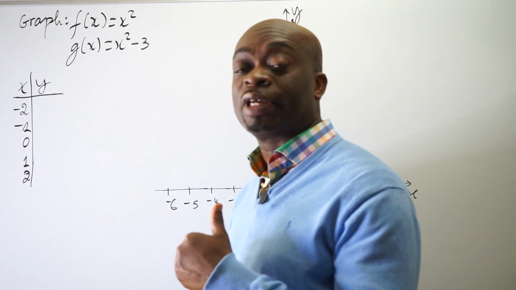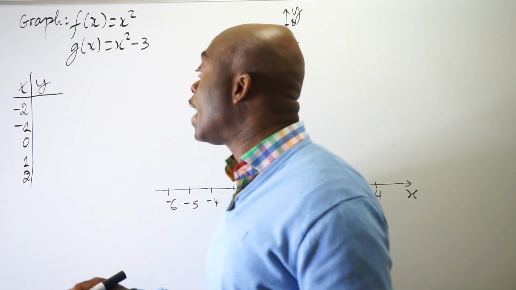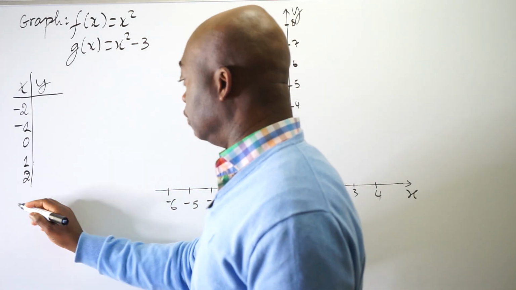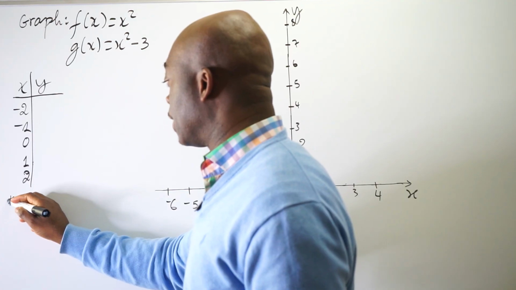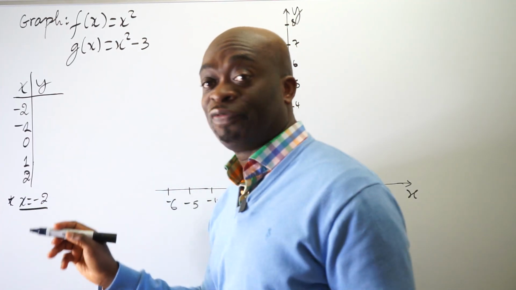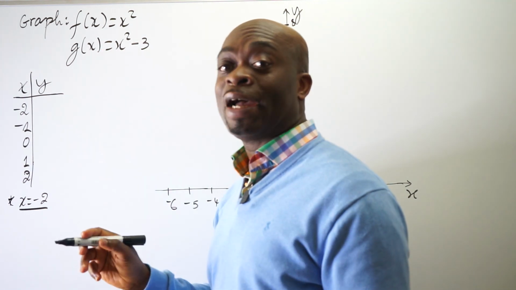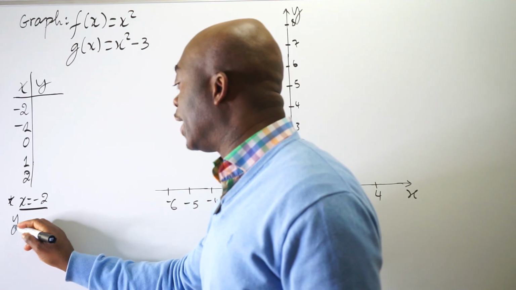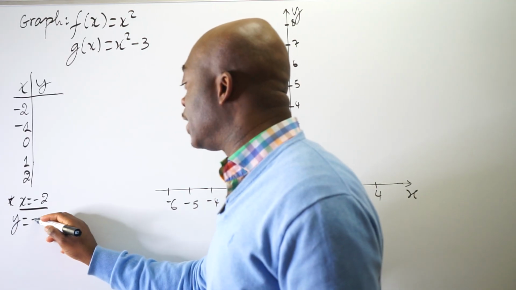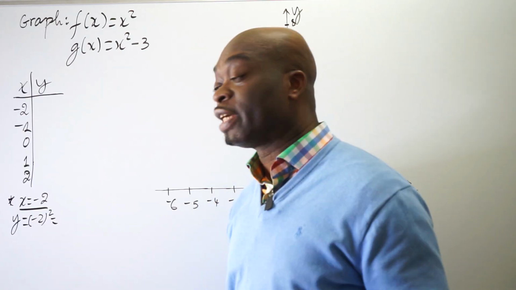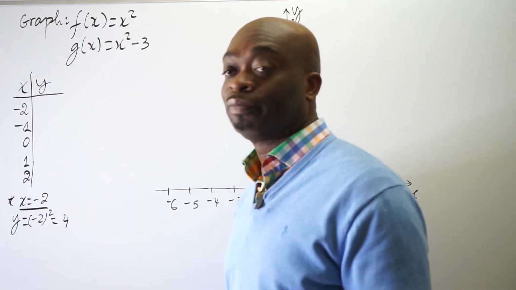Now we're going to get the corresponding values for y. We can come here and say x equals negative 2, and we find it from the f function. So y equals negative 2 to the second power, which is negative 2 times negative 2, which is positive 4.